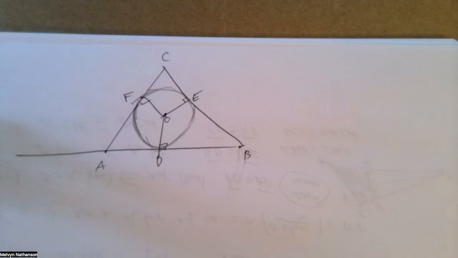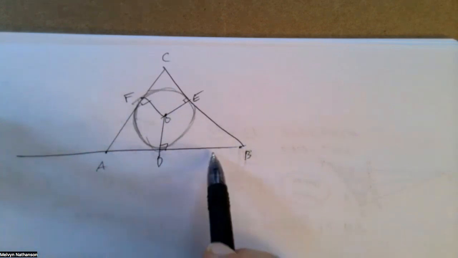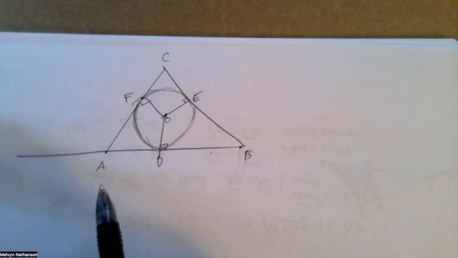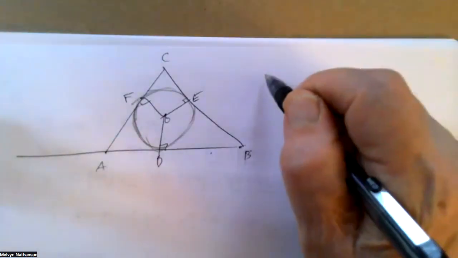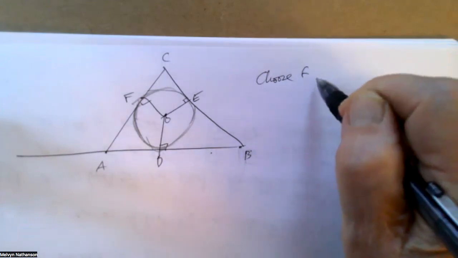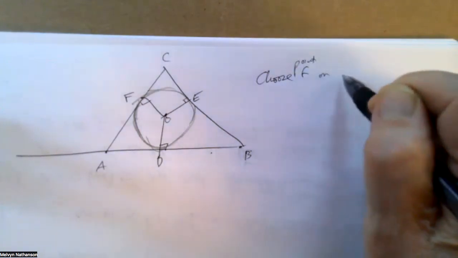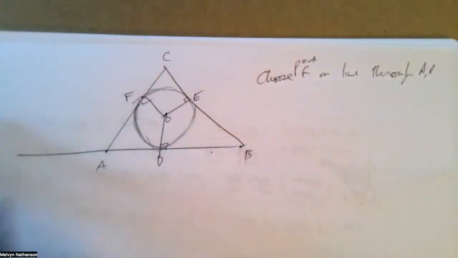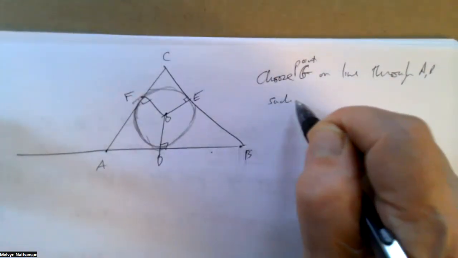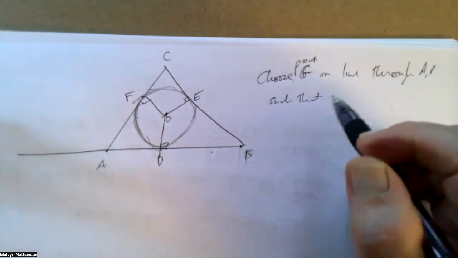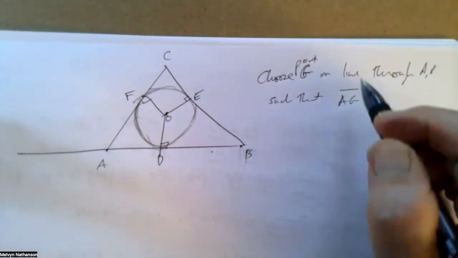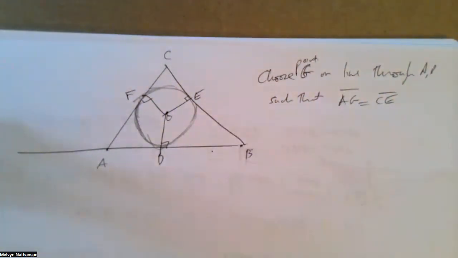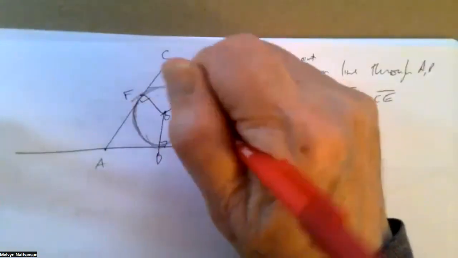And the first thing we do is extend the side AB to a point G. So we choose the point G on the line through A and B. So here's the line through A and B. And we're going to choose a point G such that the distance from A to G is the distance from C to E. So the distance from C to E is this.